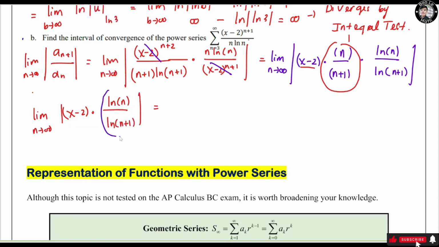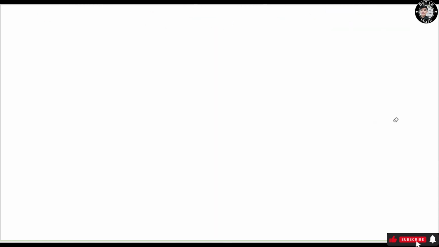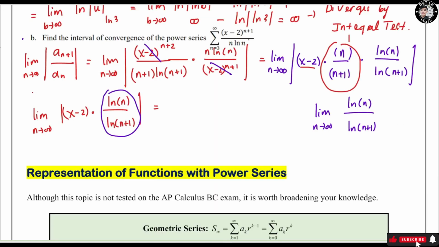Now I'm going to do this one on the side. I'm going to take the limit as n approaches infinity of ln of n over ln of n plus 1. When n approaches infinity, this is infinity over infinity, so it's an indeterminate form. So I need to use L'Hopital's rule.